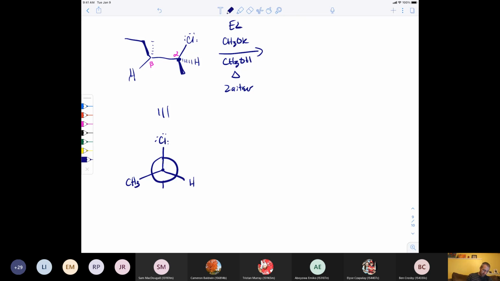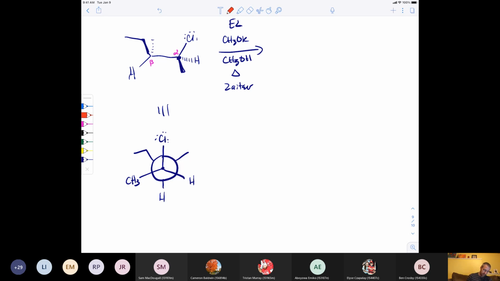And the back carbon would have the hydrogen down, ethyl that way, and the methyl up here. This is the correct conformation of the molecule above. And the way I drew this, the hydrogen and the chlorine are anti. And they need to be anti in order to do an elimination.